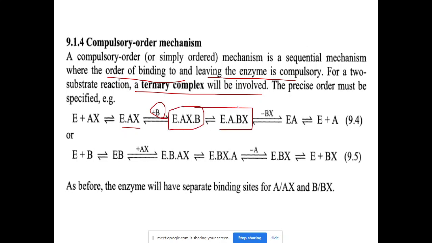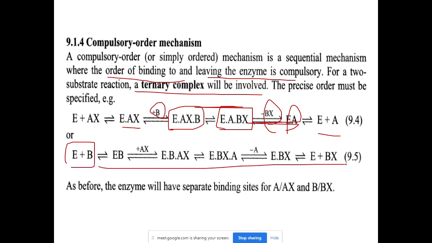Now here the transfer of functional group X to B, and the release of Bx, eventually leading to the product formation, leaving the enzyme free. On the other hand, if it binds to E plus B first, the sequential reaction will happen in this manner. So what is important is that there is an order of binding and there is a manner in which there is a release or leaving from the enzyme. What leaves from the enzyme is also important.